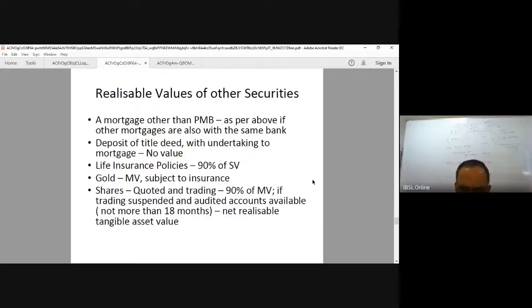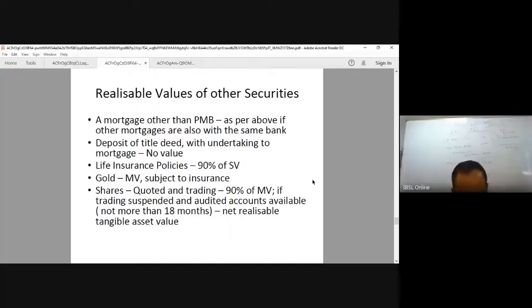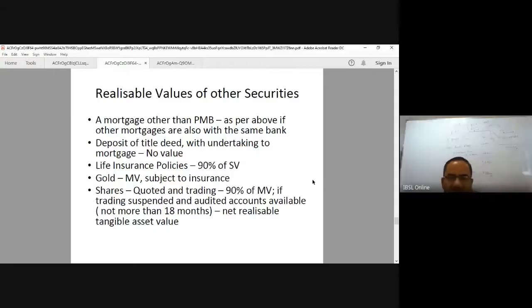Excuse me, sir. In the case of a primary mortgage bond held by the particular bank, and secondary, tertiary, quaternary mortgage bonds executed by the same bank, is it valid? Yeah. Something very important, keep in mind.